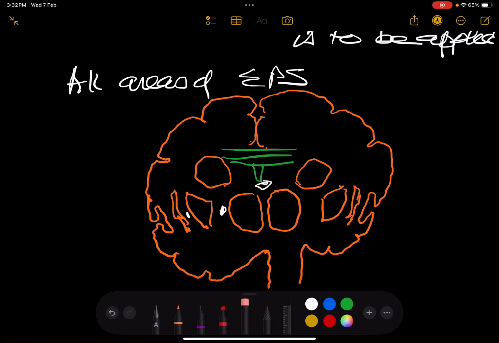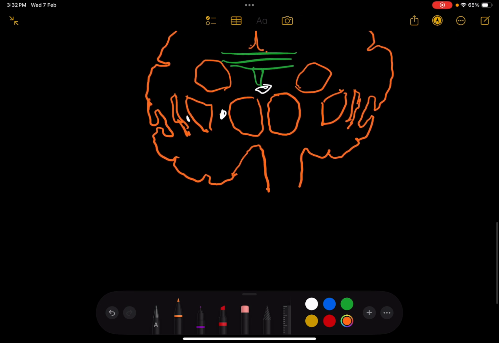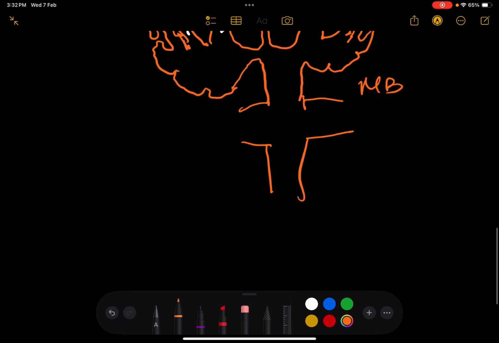We'll make it a little bit more symmetrical. So there is the midbrain. Then there is the pons. And then there is the medulla. And finally there is the spinal cord.